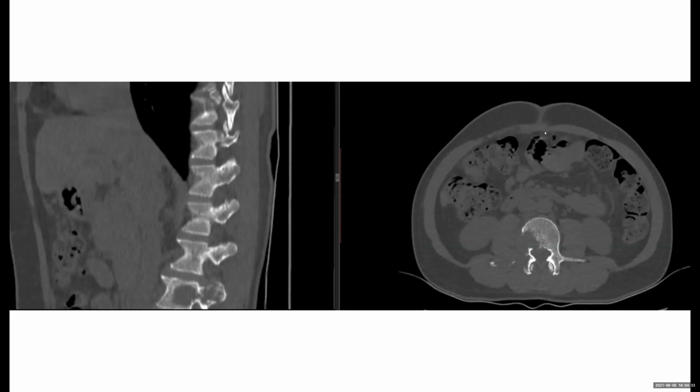So this appears to be an aggressive process, and I'll be concerned regarding the intraspinal extension and some epidural component if there is any. So I suggest an MRI lumbar spine with contrast to look for intraspinal component, and scan the rest of the spine.